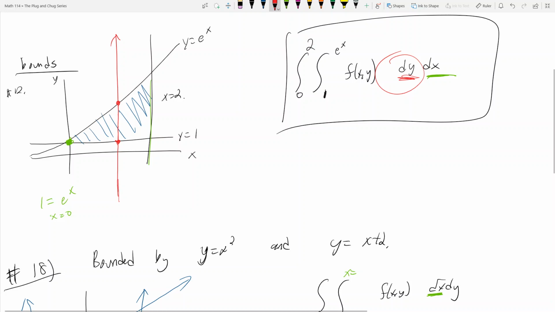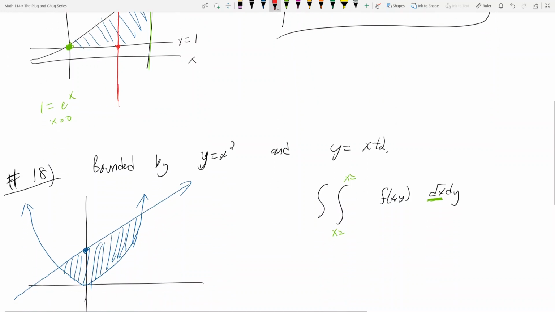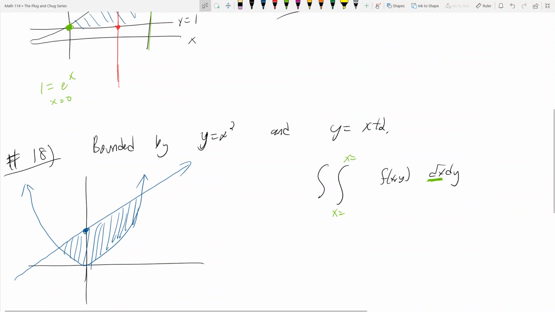In my case here, if we try dx, I have to draw a line through my region parallel to the x-axis. So let's do that. Easy. It hits that curve, and it hits that line.